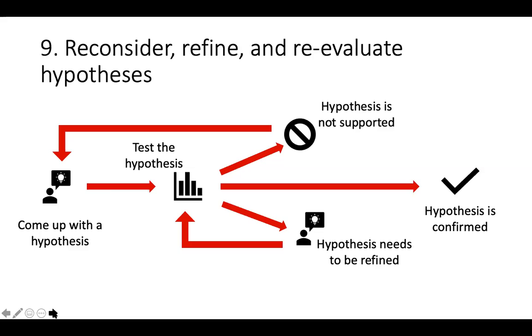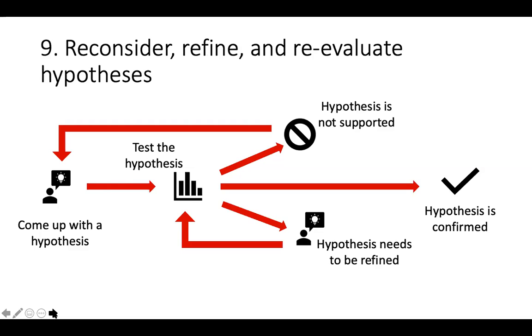Often, however, and this is the 9th step, we need to reconsider our hypotheses, refine them, and then reevaluate. If our hypothesis isn't supported, we go back to the drawing board and make a second hypothesis. Other times, our hypothesis is supported, but it isn't specific enough to give us the information we need. So we might find out that everyone sick went to a certain place, like a grocery store, but perhaps that grocery store is too large to really confirm anything.